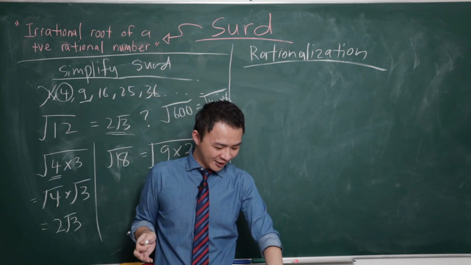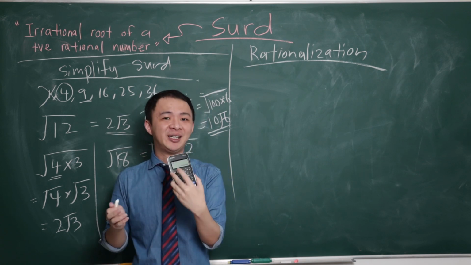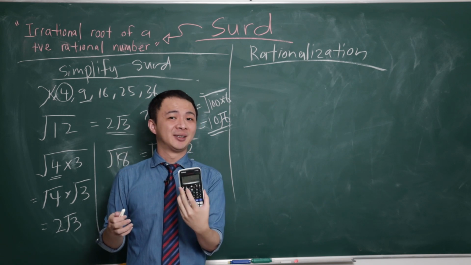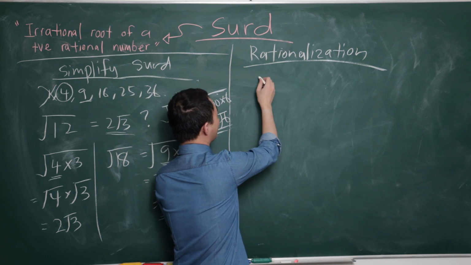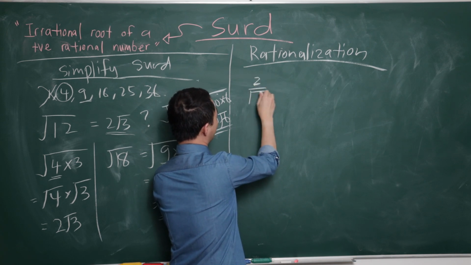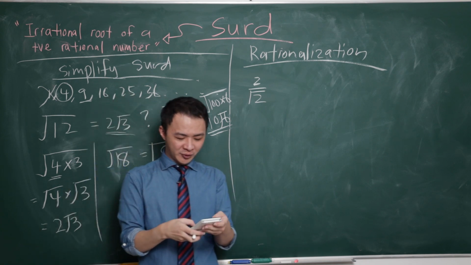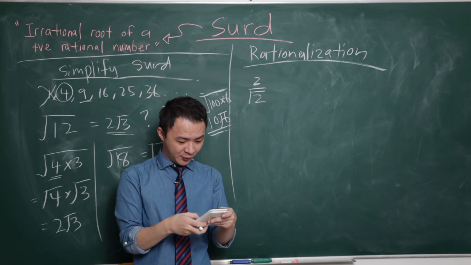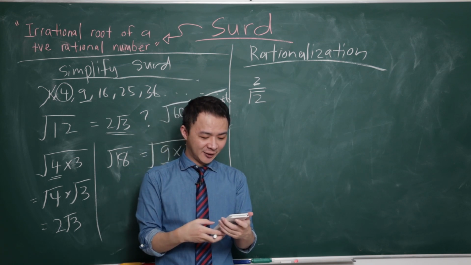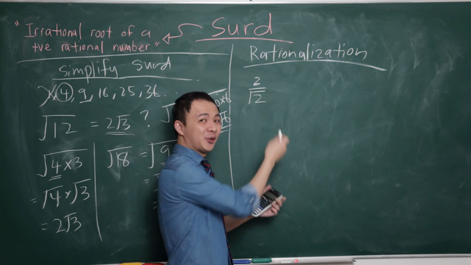So, and then you can check, whenever you use the calculator to solve, right, the calculator will never leave the denominator as a square root. I give you an example. Let's say we have 2 over square root 2, which is a fraction. If you type 2 over square root 2 in your calculator, you realize your calculator will straight away tell you square root 2.